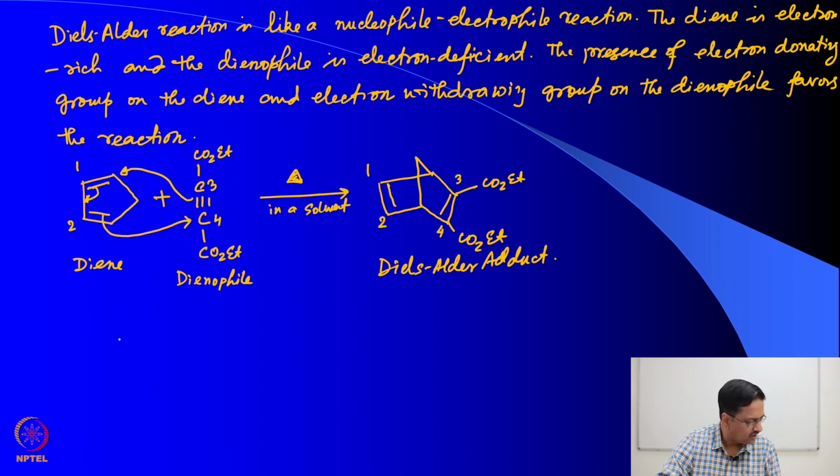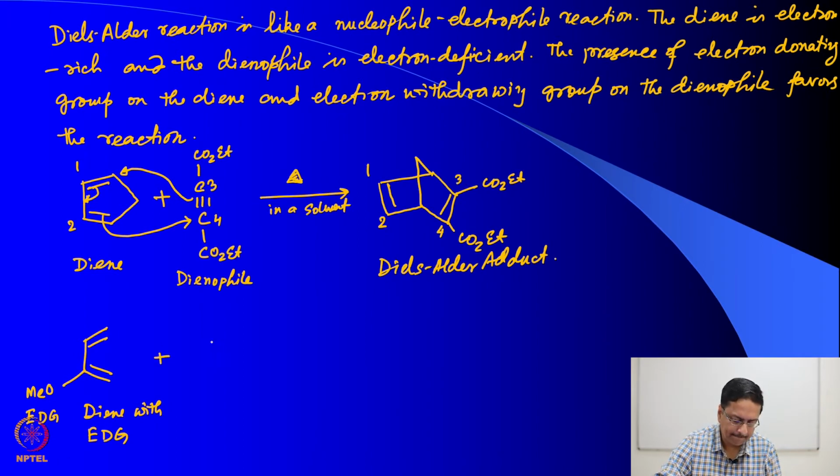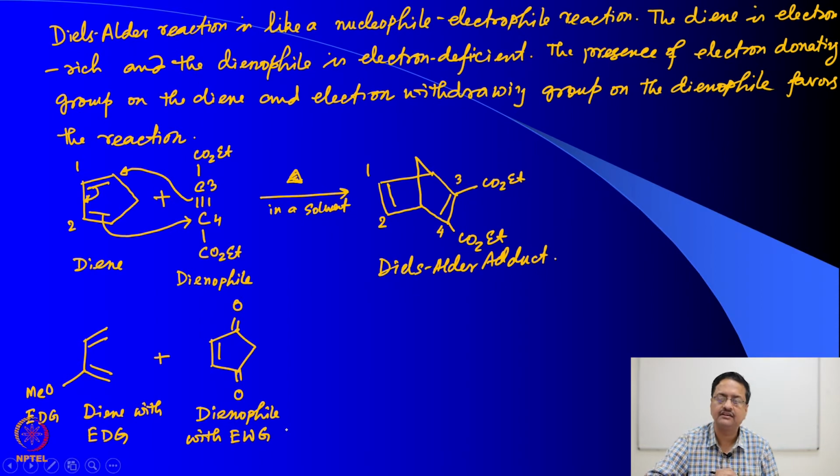Similarly, if we have a diene which has a methoxy group, which is the electron donating group or EDG, so this is a diene with an electron donating group, and you have this cyclic dione, cyclopentene dione, which is a dienophile with electron withdrawing groups attached to it.